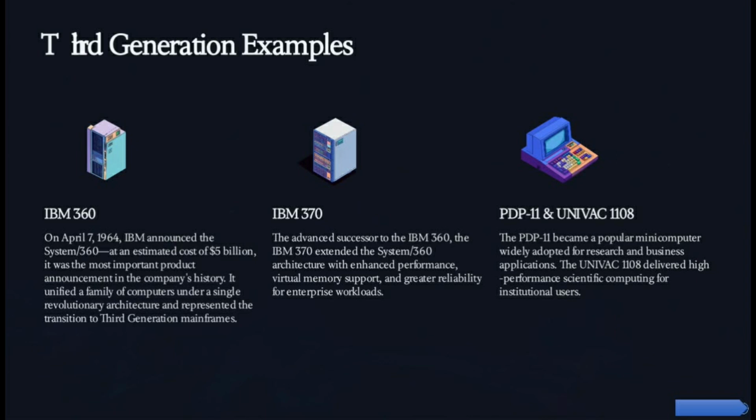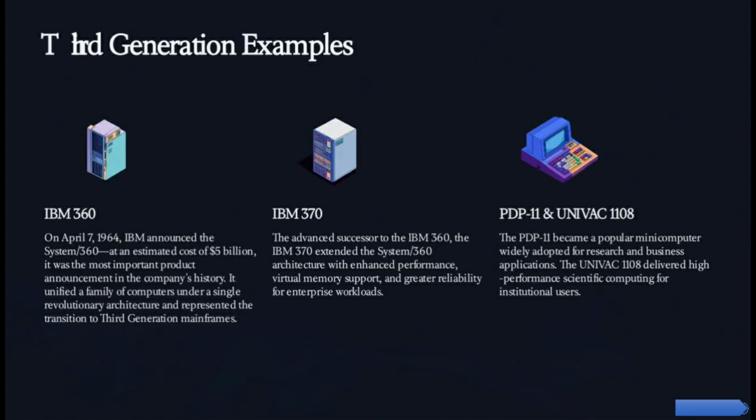In simple terms, the IBM 360 allowed different models of computers to work with compatible software and systems. This was very useful for businesses and organizations because they could choose different computer models depending on their needs. The IBM 360 also represented an important transition into the third generation of computers.